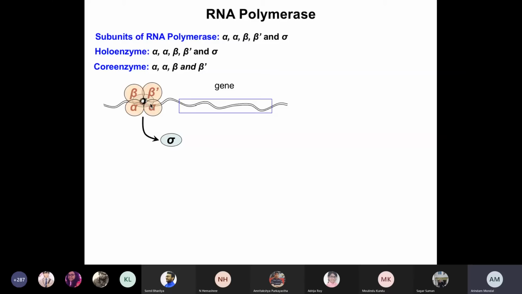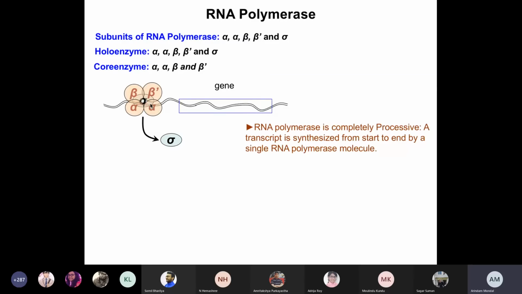And so how can you distinguish the initiation from the elongation phase? Once the sigma gets kicked out of the polymerase, then the polymerase can move forward across the template and hence can enter into the elongation phase.